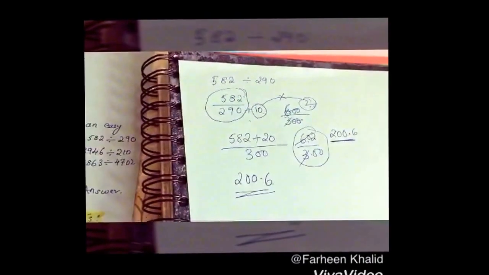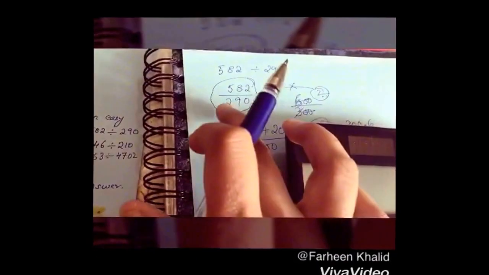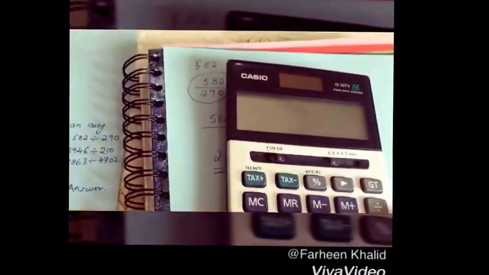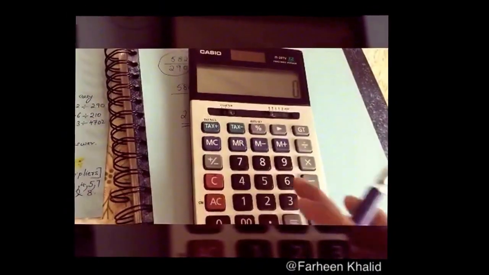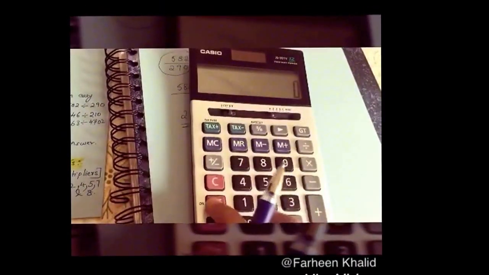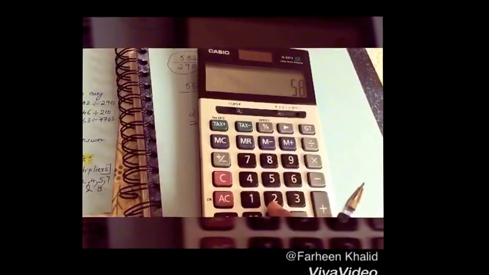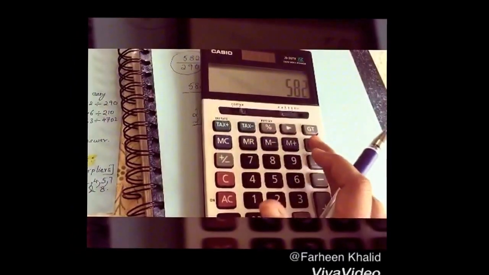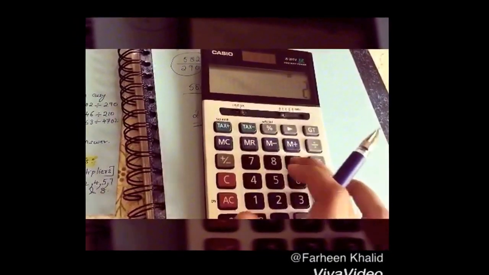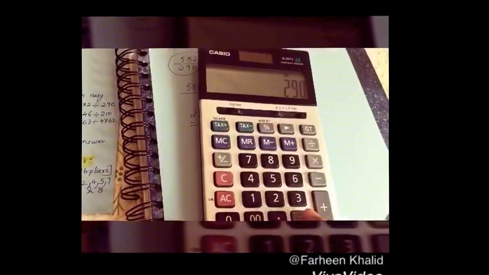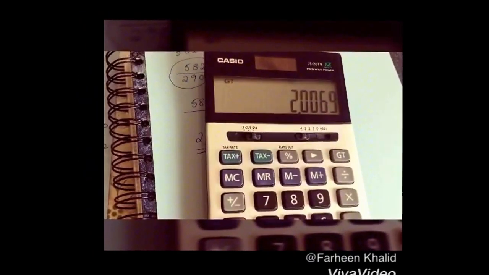Now let's check in the calculator what our answer would be if we did this directly. So it's 582 divided by 290. Let's take the answer. So it's 2.0069.